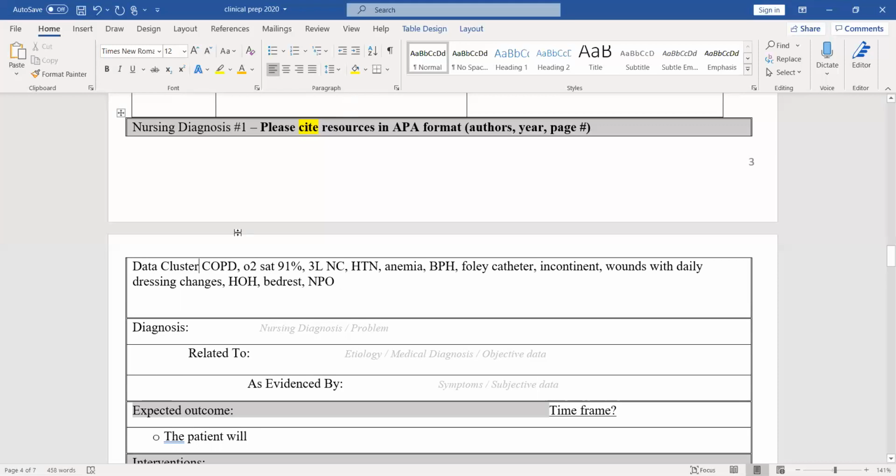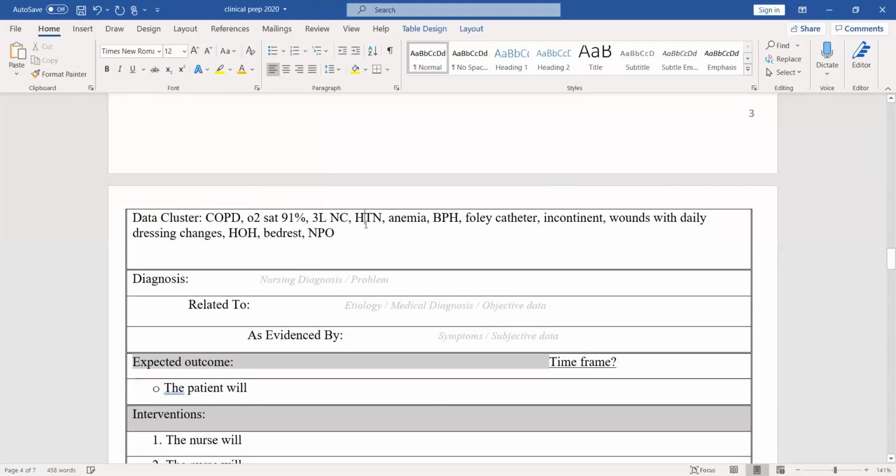So this would be my data cluster. And as you can tell, all of these don't necessarily connect. They are what you're physically seeing that's happening with your patient.